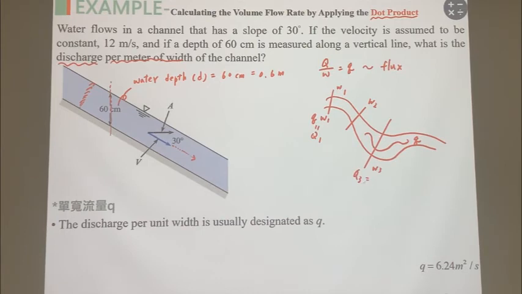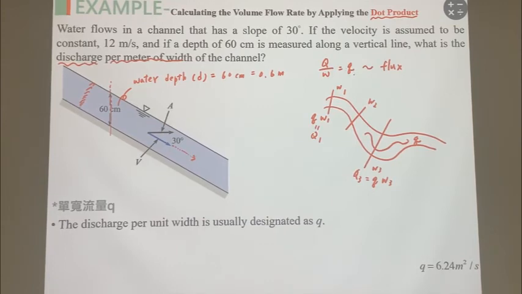Again, in here, how large is the discharge along width 3? Because we know the small q, we simply multiply by the width of the cross-section area along 3, and then we can compute the discharge very quickly.